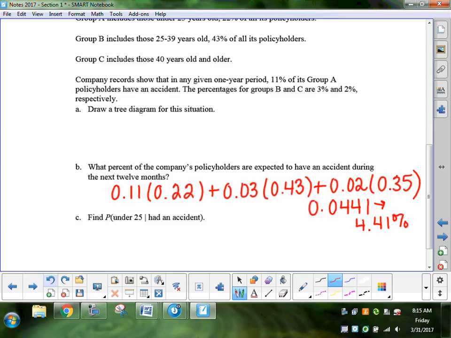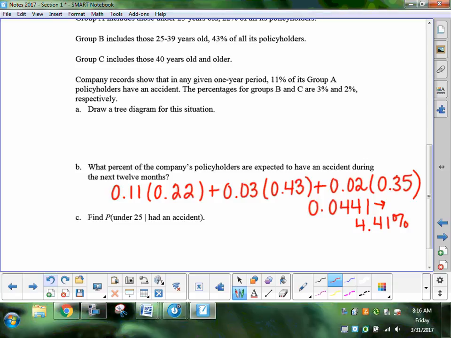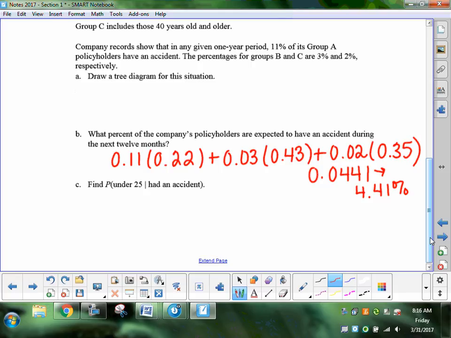Next one up. Find the probability that they had an accident given that they were under 25. So, how would we figure that out? Well, we've got to figure out the probability that they are in group A, and that there was an accident.